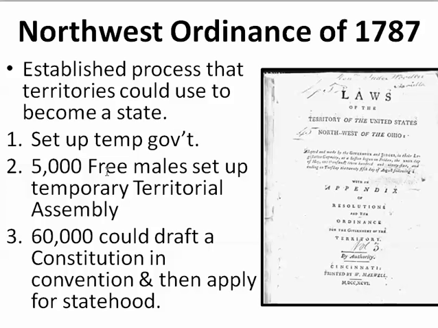There has to be 5,000 free males to vote to set up a temporary territorial assembly, and then 60,000 to draft the Constitution in a state convention, and then apply for statehood with the Congress of the United States, U.S. Congress. And if you recall, we got this from the Articles of Confederation. We talked about it before. Here it is again. All right, so how is this Northwest Ordinance going to impact this Kansas-Nebraska Act?